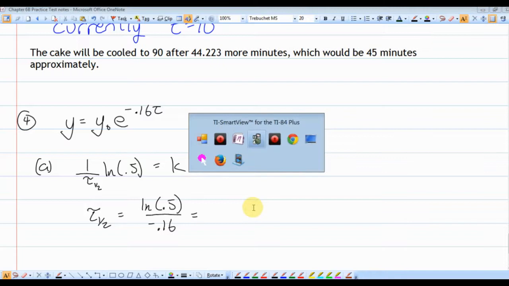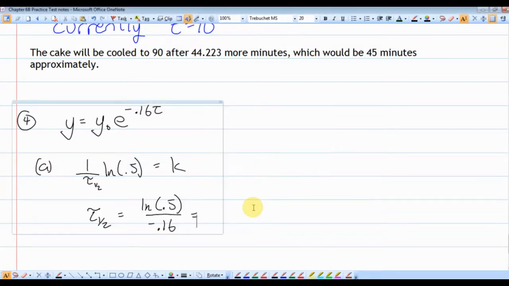Okay, calculator time. Is that the same as natural log of 2 over K? That's what the book says. Is half-life equals natural log of 2 over K? I don't know, what do we have in the notes?